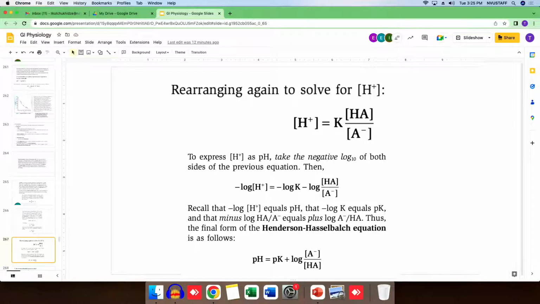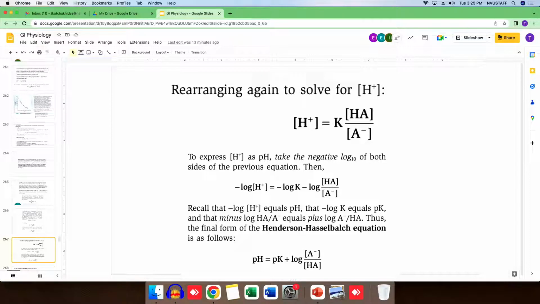So now what we need is the acid, right? To get the acid from that situation, we have this K constant. Now we want to have H in the front.